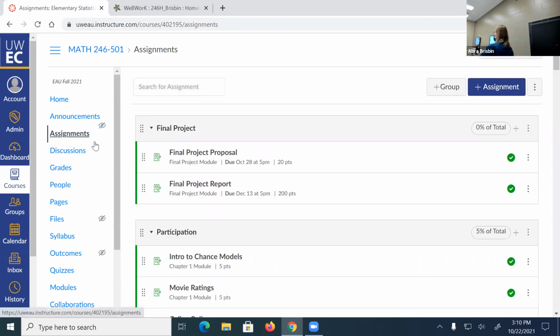Right, so you don't have to submit it somewhere else under that assignment. No, you just submit it in the usual way, but if you add yourself to a group, then I'll be able to see one proposal and it'll be associated with all of the people in your group.